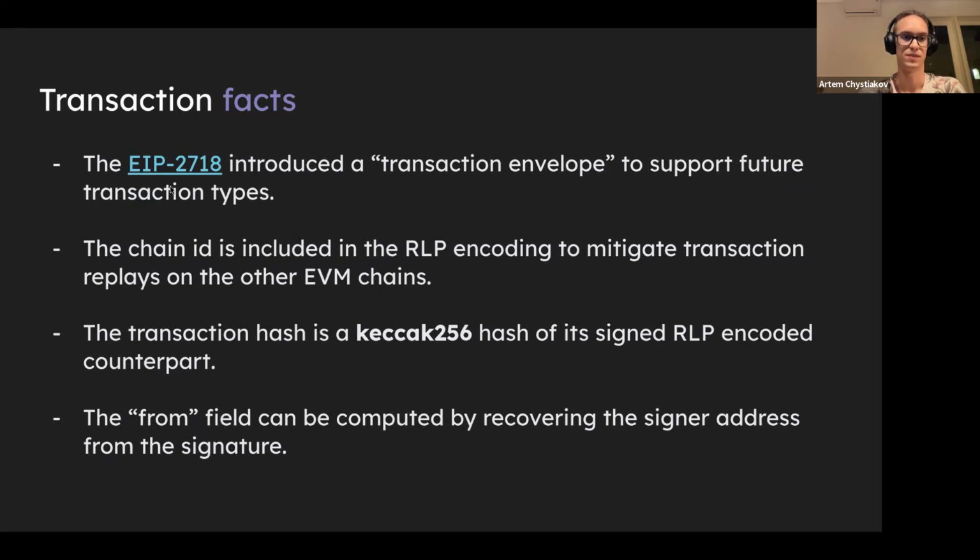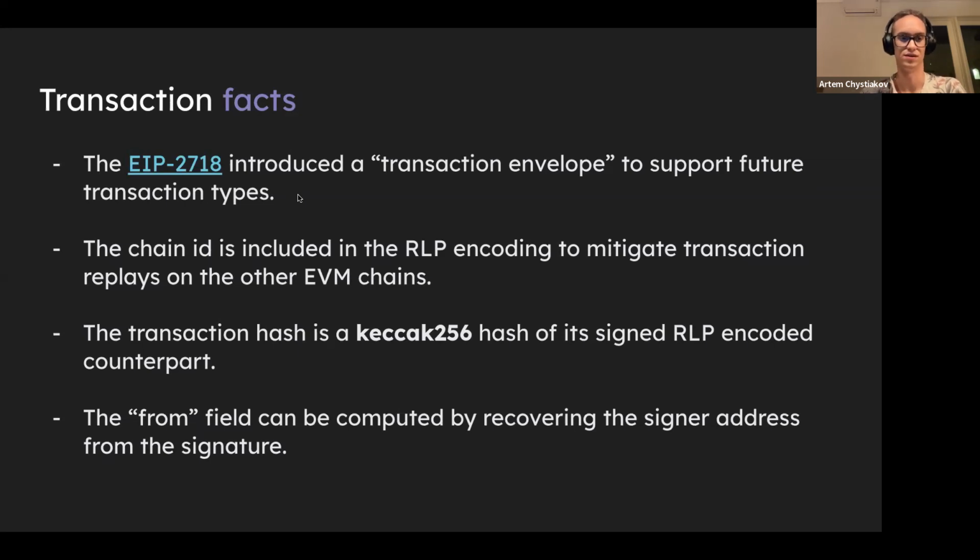Instead, they made an Ethereum improvement proposal that abstracted the transaction and included a special prefix: if this prefix is 1, then it is type 1, which is the legacy transaction. If it is 2, then it's a new one.